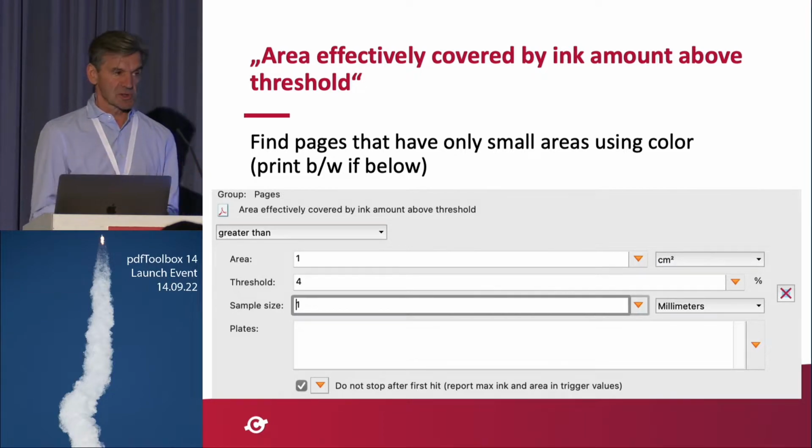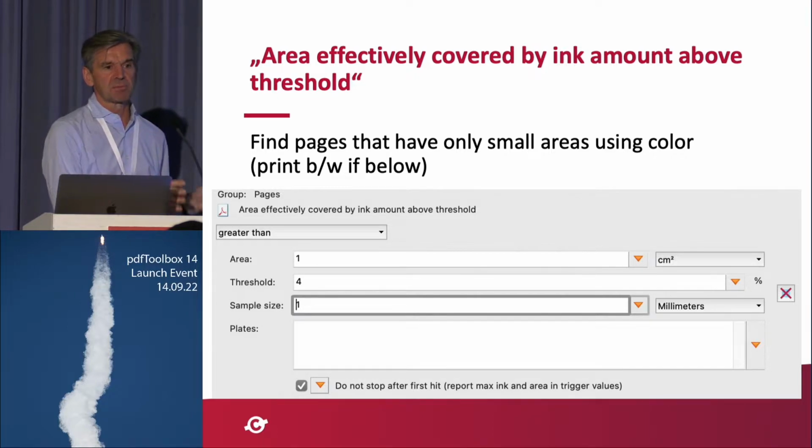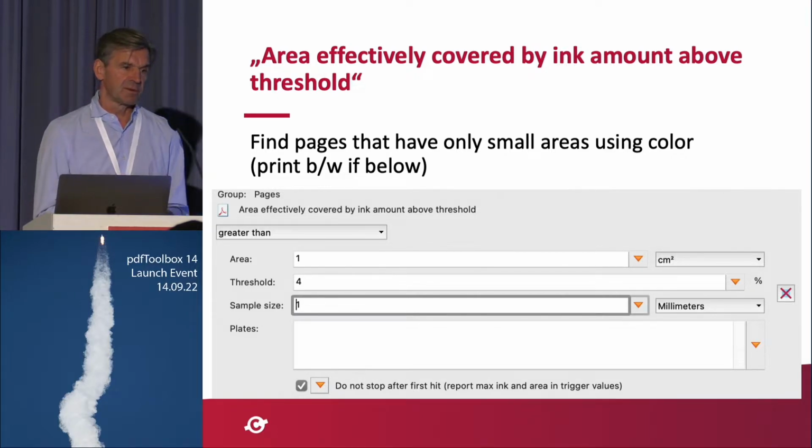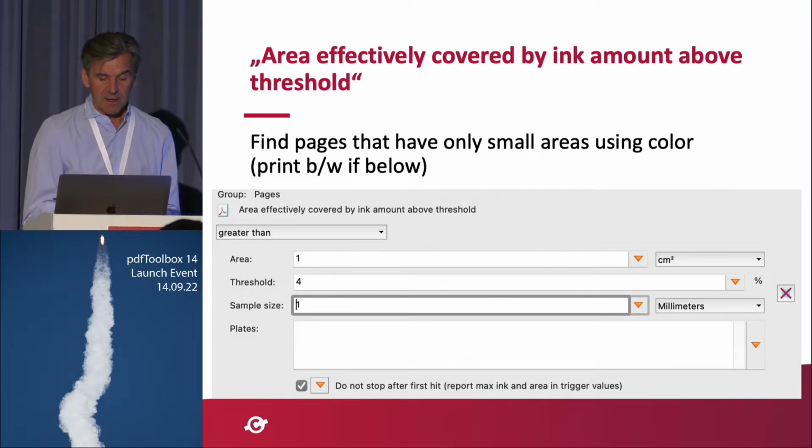Because in a digital printing device, you may say, I want to print that page black and white only because that saves me some money, although there is a little bit of color on that page. But I want to ignore that because otherwise it would be too expensive. And then you can say, if the area is, let's say, bigger than 1 square meter that uses color, then only then this page should be printed in color. That is the use case here.